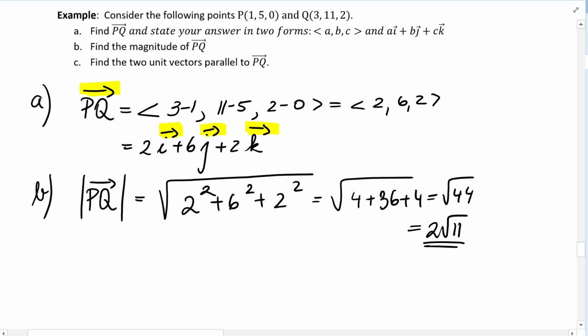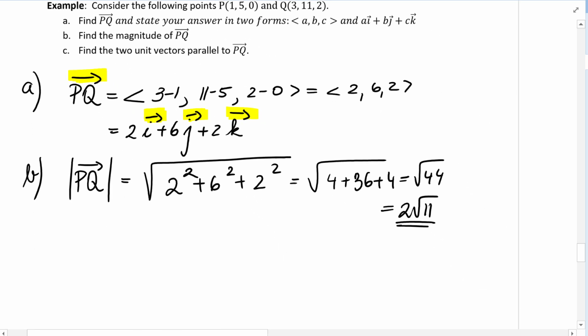And then part C is find two unit vectors parallel to PQ. So a unit vector can be written like this, u over the absolute value of u. This is a unit vector.